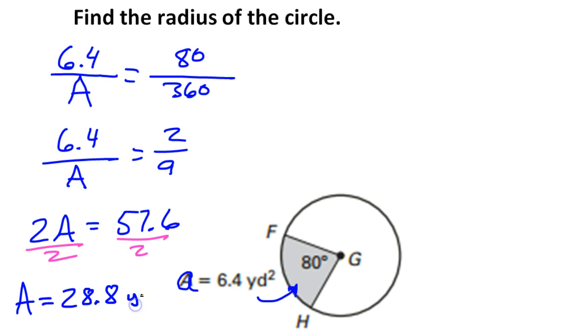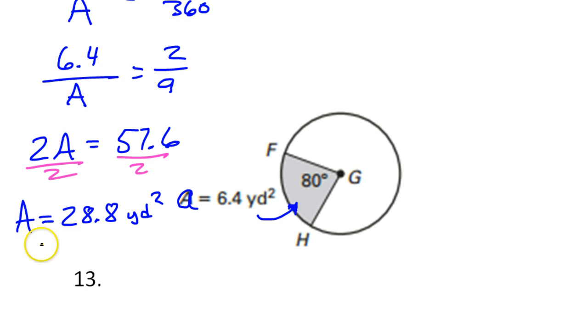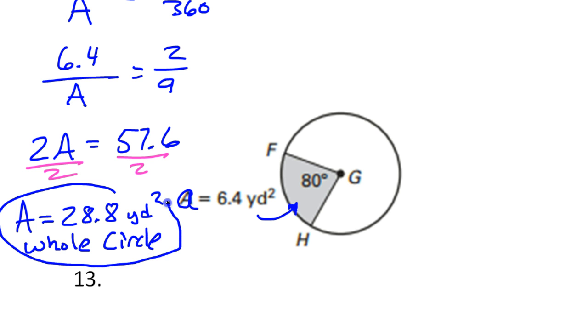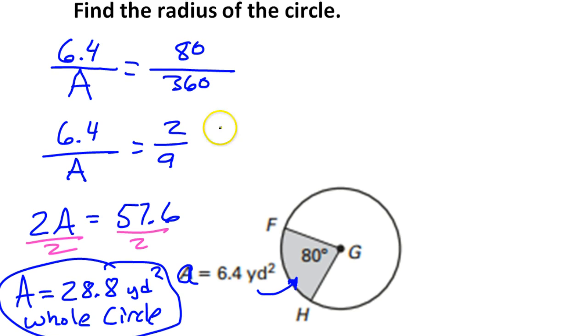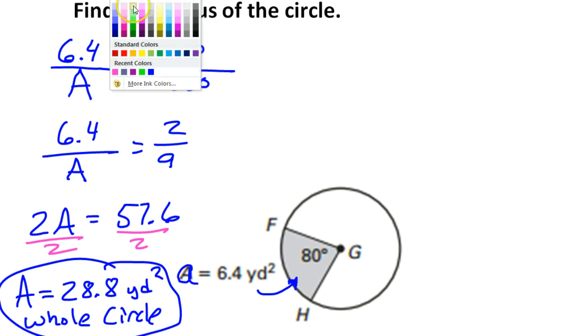And that's area, so it's square yards. Now, what I just found here was the area of the whole circle. So we should be able to use that in order to find the radius that we wanted.